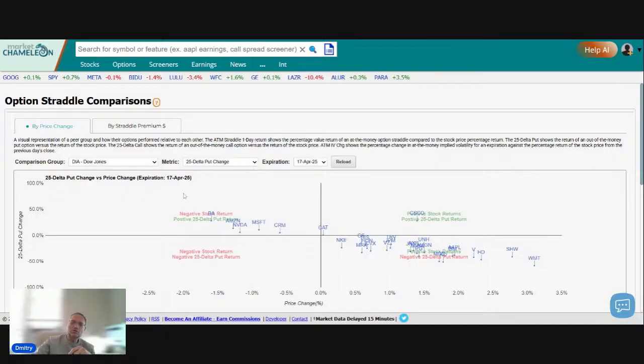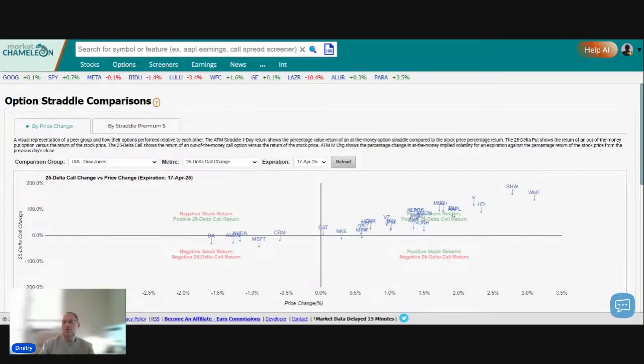So let's go here, 25 delta call, reload. And here we now see the out of the money calls. So the best performer was this SHW, Sherwin-Williams.